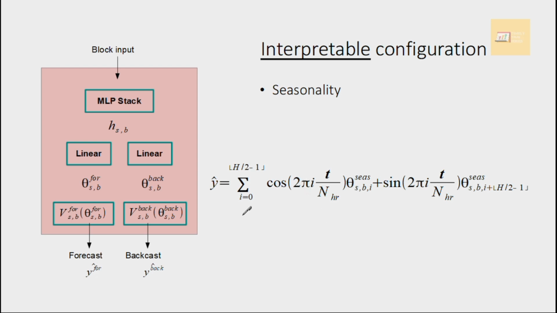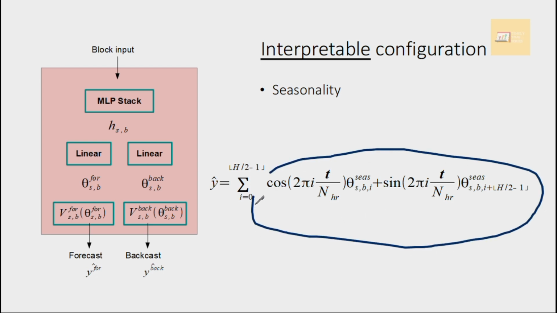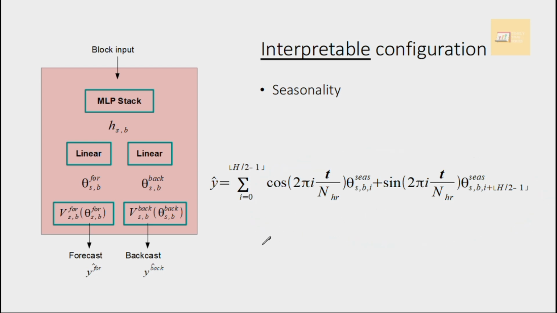We have to look at the upper bound and lower bound of the summation and these terms. Notice that when i equals 0, this would be 1 because it is the cosine of 0, which is 1. And on the second term, the sine of 0 would be 0.